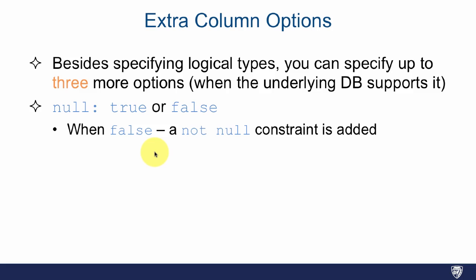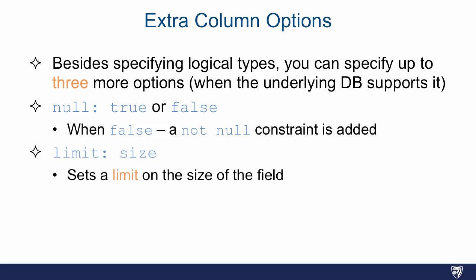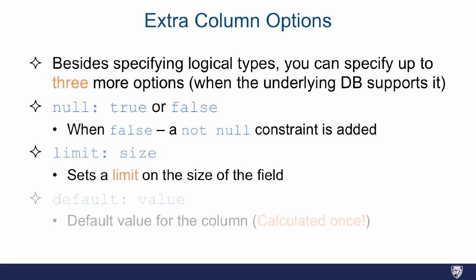When false, a not null constraint is added. Or you could specify a limit. For example, this is a string field, and you want to set a limit on the size of the field, so you do limit and whatever that size is. For example, limit: 5 means your string in the database should not be more than 5 characters.